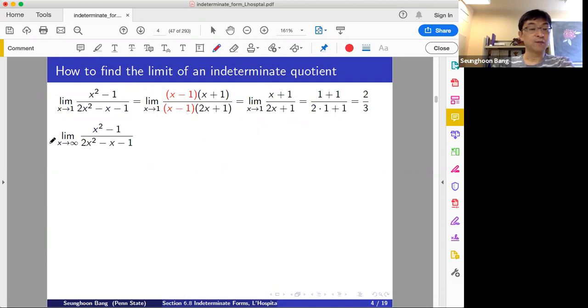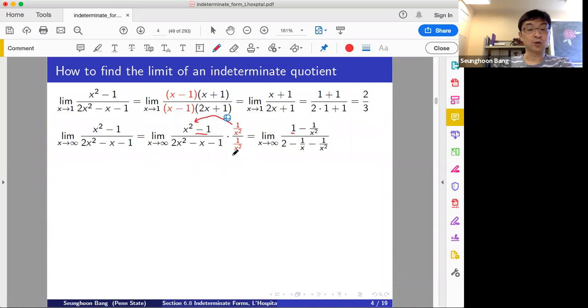Here x approaches infinity, so what happens? You plug infinity into the top and bottom. Infinity squared minus 1 is infinity, and 2 times infinity squared minus infinity minus 1 is infinity. So we have the infinity over infinity form. How can you solve? Divide the top and bottom by the highest power term in the denominator, x squared. Distributing 1 over x squared to the top: x squared is crossed out, giving 1, and the minus 1 times 1 over x squared is negative 1 over x squared.